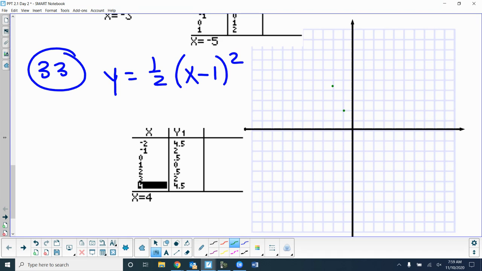Negative 1, 2. 0, 1/2. 1, 0. 2, 1/2. 3, 2. 4, 4.5. All right. Okay.